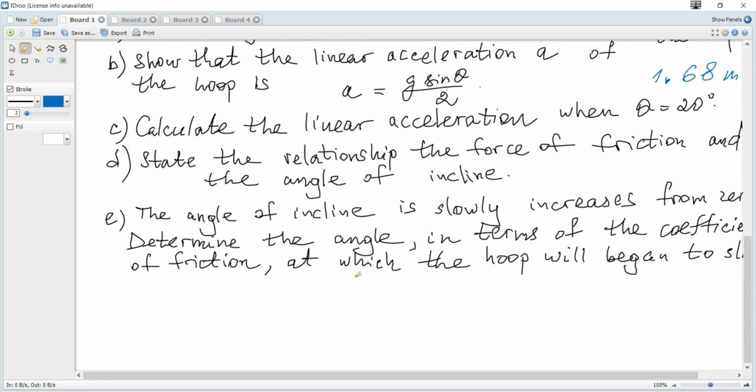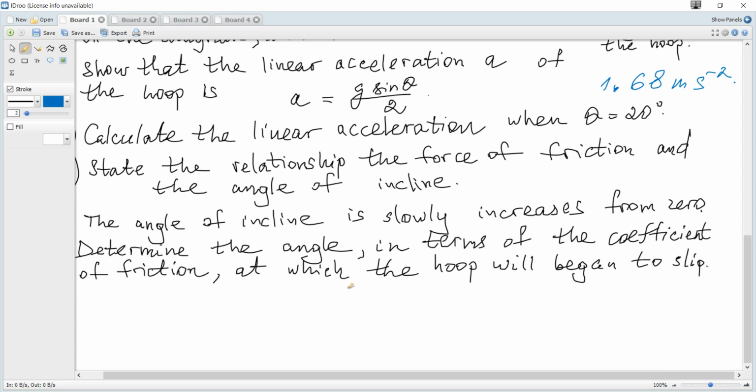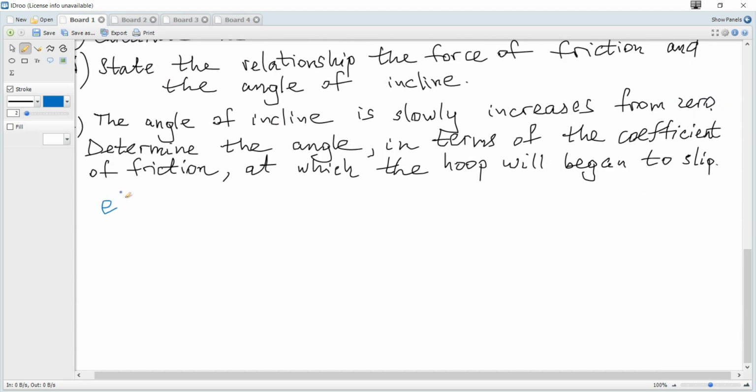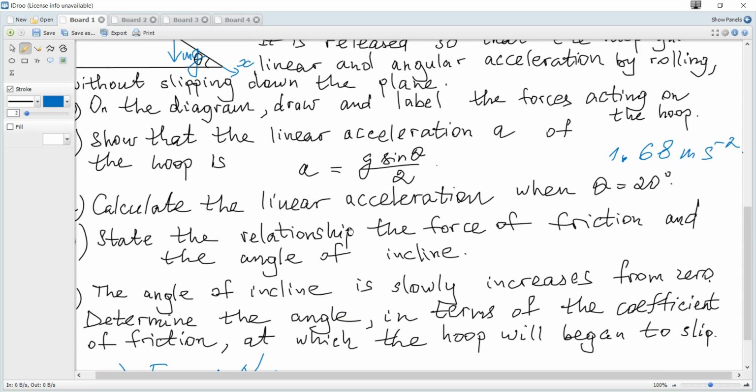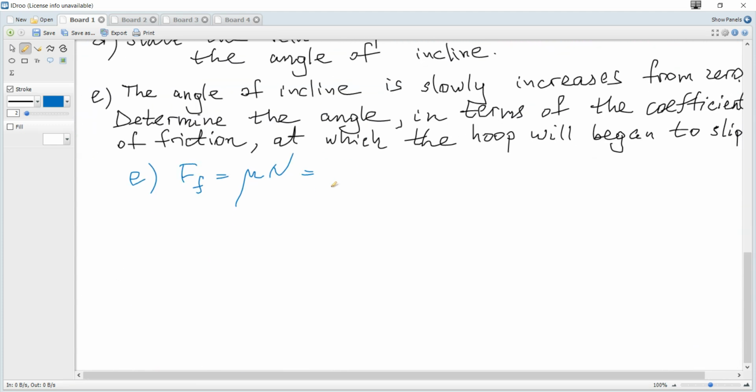Then question E. The angle of incline slowly increases from 0. Determine the angle in terms of the coefficient of friction at which the hoop will begin to slip. We know that the frictional force is mu N, the coefficient of friction multiplied by the normal reaction, and the normal reaction is mg cosine theta, so it becomes mu mg cosine of theta.